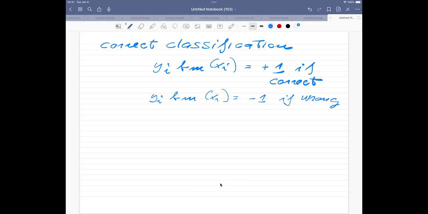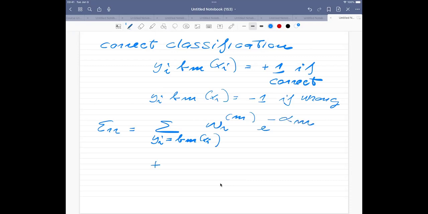So what I can do then is the following. I can rewrite this error in terms of a term where y_i is equal to b_m of x_i. So these are the correctly classified ones, multiplied with e to the minus alpha m, which is the unknown parameter, plus the term where y_i is not equal to b_m of x_i.